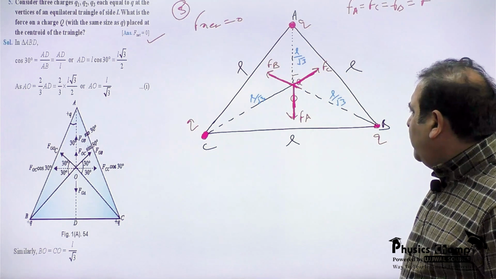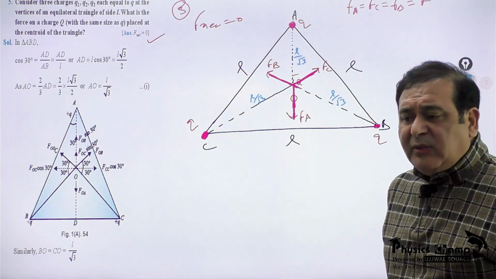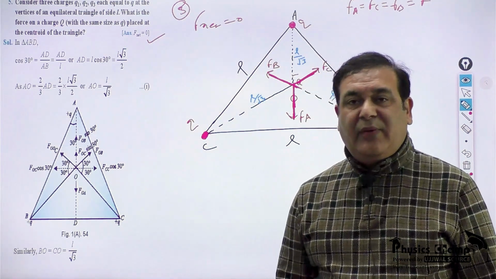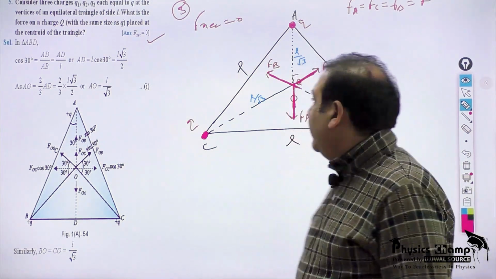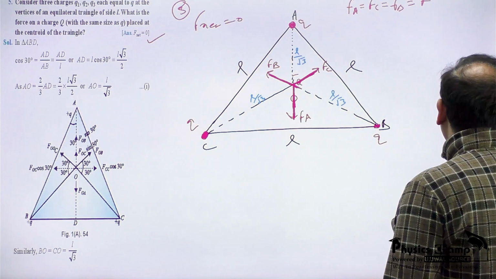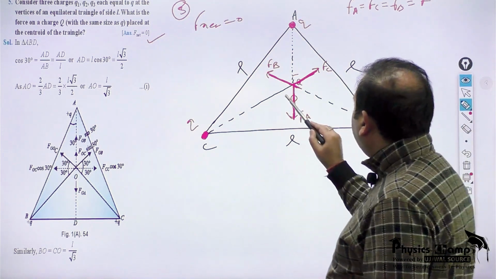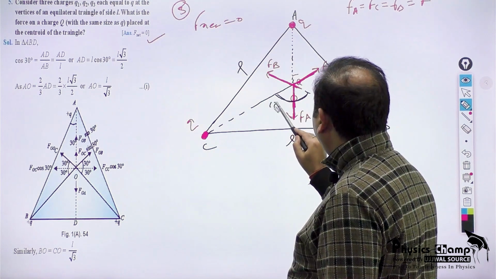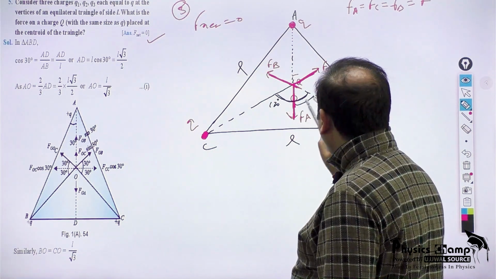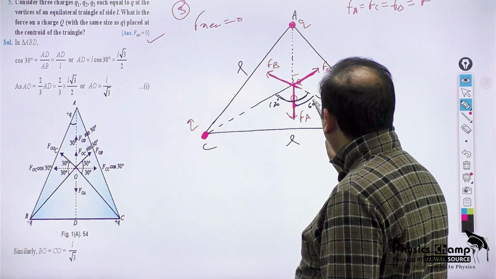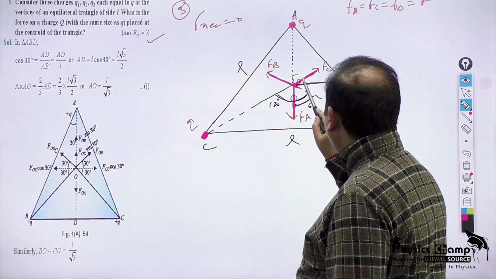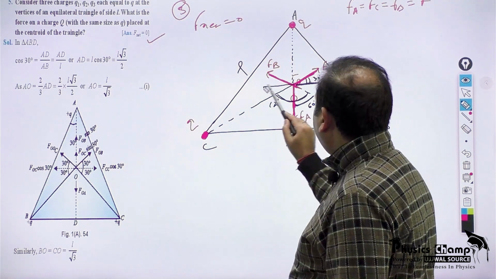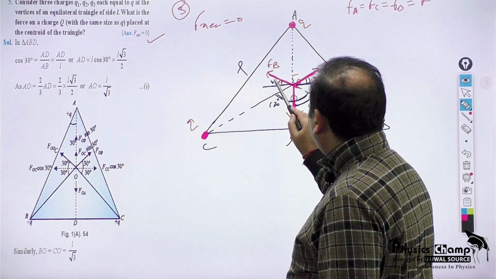But the question is how to find the net force, because in this arrangement I have three forces, Fa, Fb and Fc. Also if I look at the angles, this whole angle will be 120 degrees, so half of it will be 60 degrees. Similarly, this angle is 30 degrees, and this angle is also 30 degrees.